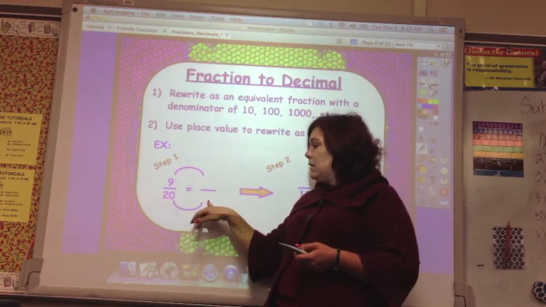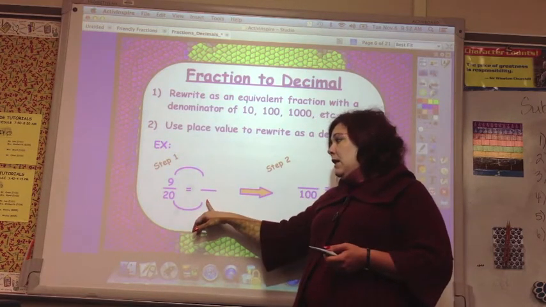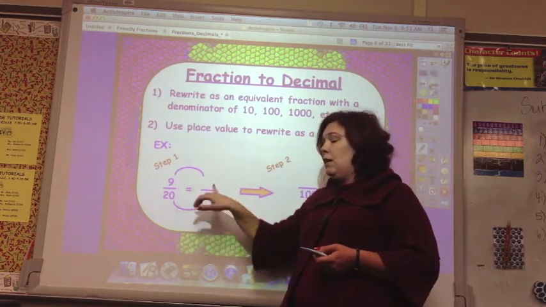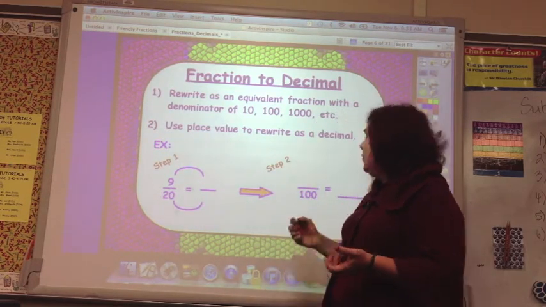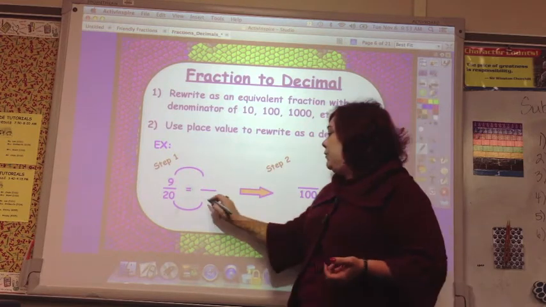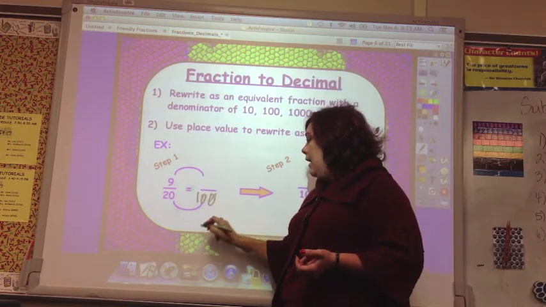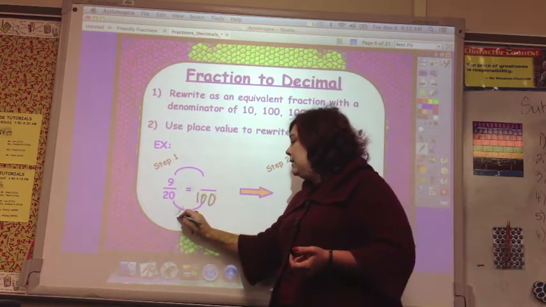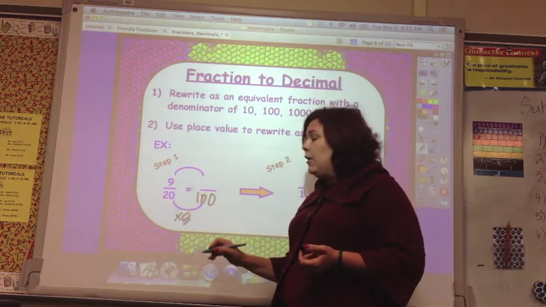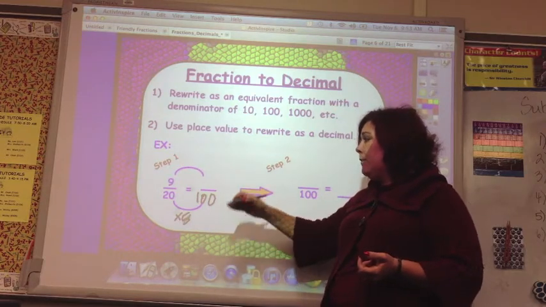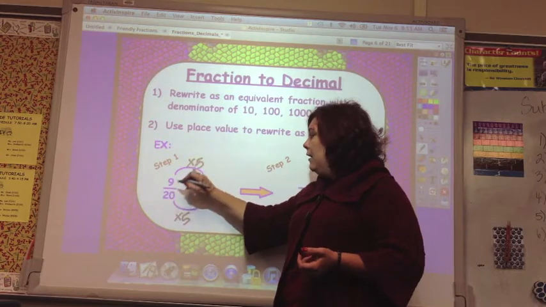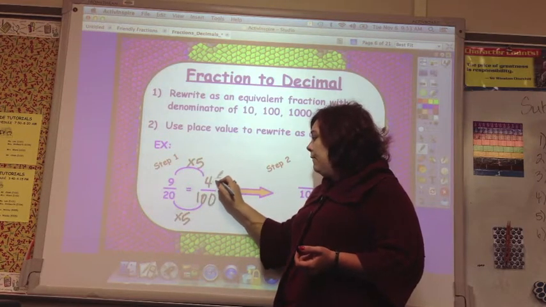Well, it's not going to make sense to go to tenths, because you can divide 20 by 2, but you can't divide 9 by 2. So the next thing you'd want to go to is 100. And the scale factor to get from 20 to 100 is times 5. And we know from fractions, whatever you do to the bottom, you do to the top. So this is times 5, and 9 times 5 is 45.